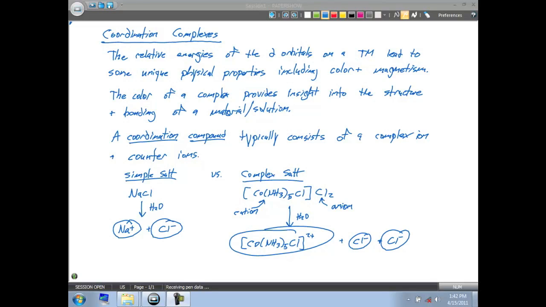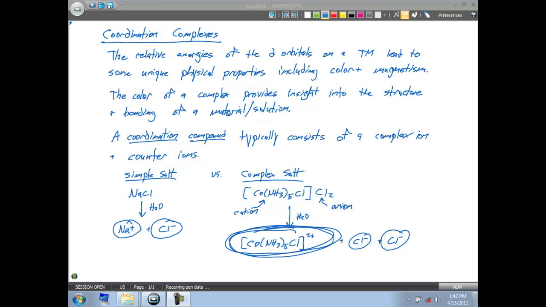So in terms of what we are looking at here, the complex ions that we observed in the previous experiments are what I've circled right here.